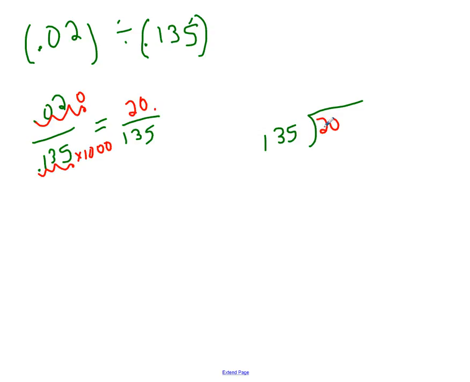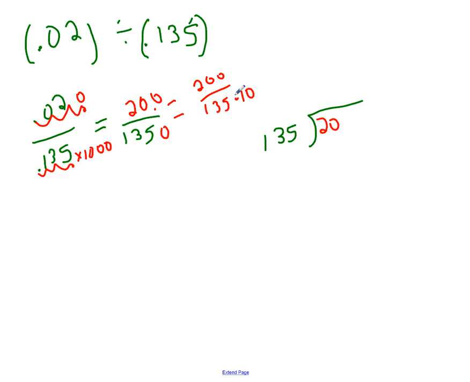Now, 135 is bigger than 20, right? That's not going to be a whole number. It's less than 1. But I could multiply by another 10. Now, up here I just added the 0.